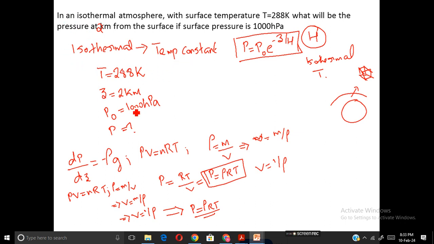So, RT. If we are considering n equal to 1 mole, it will become PV is equal to RT, right? Then density is equal to mass by volume. Then again we are taking m equal to 1, so rho will become 1. So P is equal to, unit mass, that we are considering.